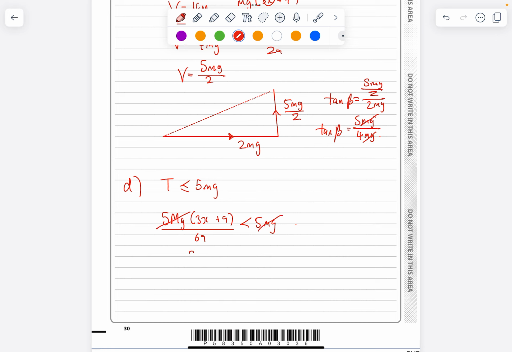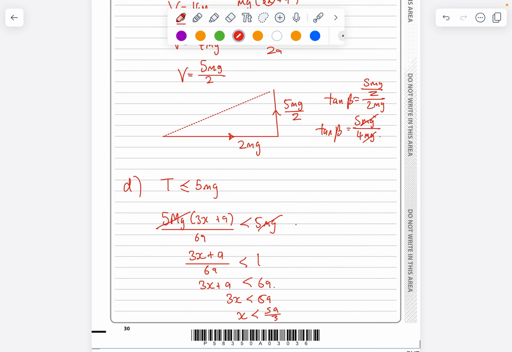So that means that 3x plus a over 6a has to be less than 1, and therefore that 3x plus a has to be less than 6a, and therefore that 3x has to be less than 5a, and therefore x has to be less than 5a over 3.